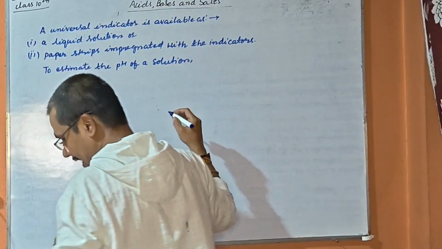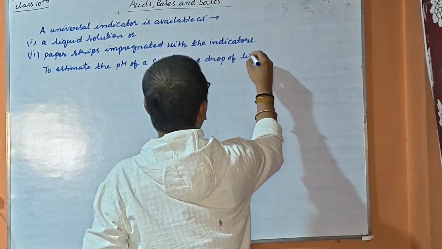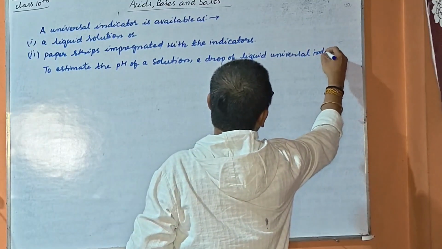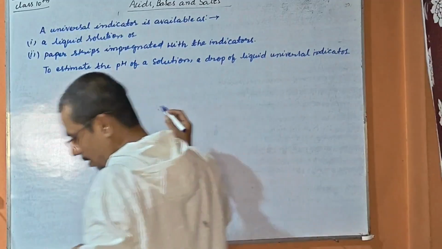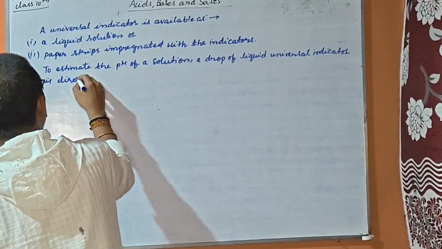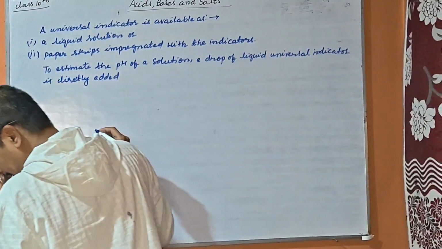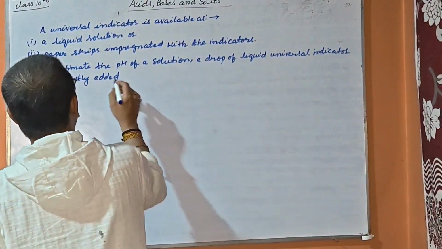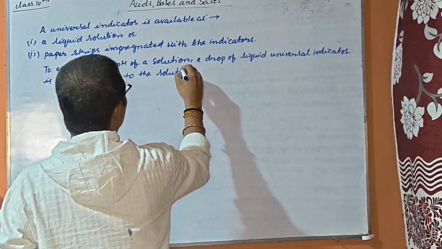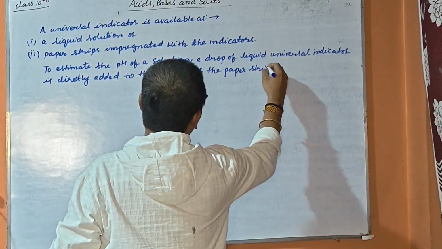We use a drop of liquid universal or acid base indicator, which is directly added to the solution, or the paper strip. It should be remembered: directly added to the solution or the paper strip.